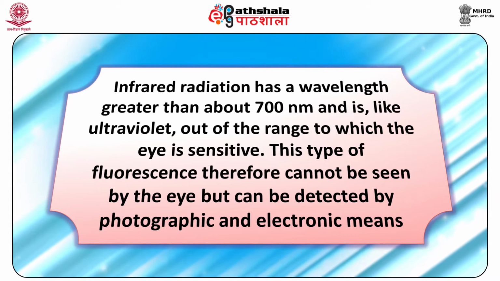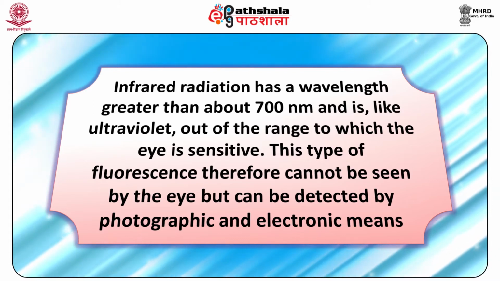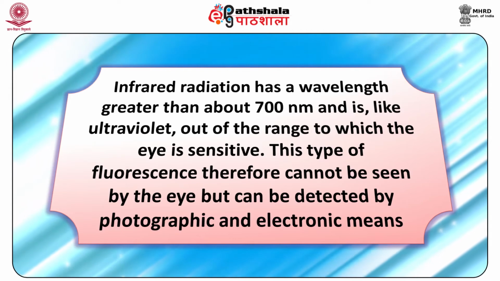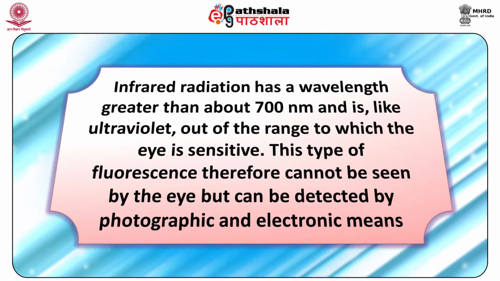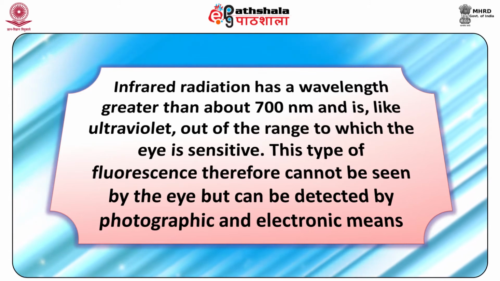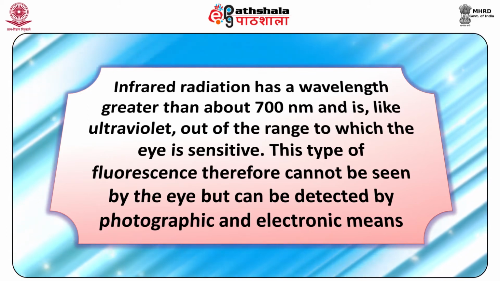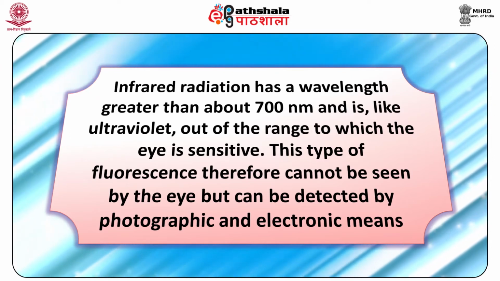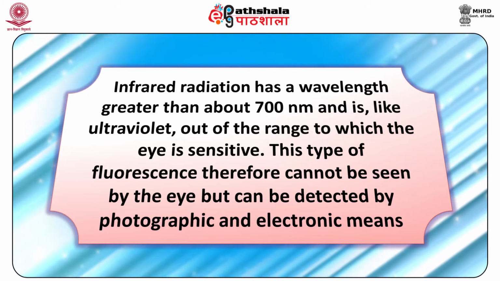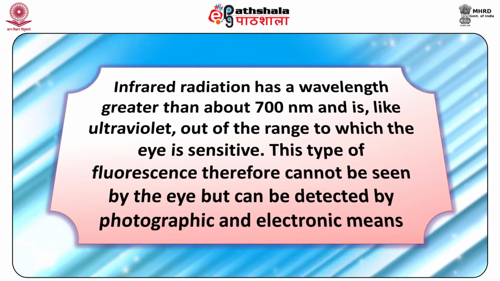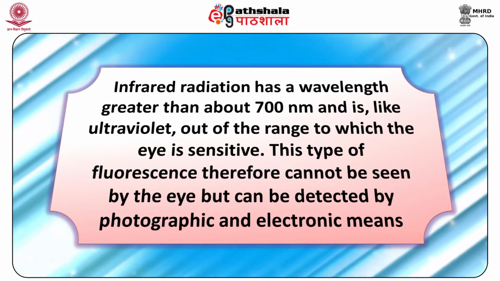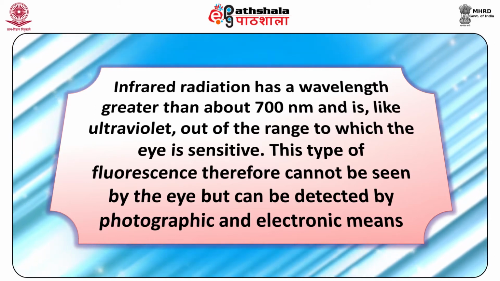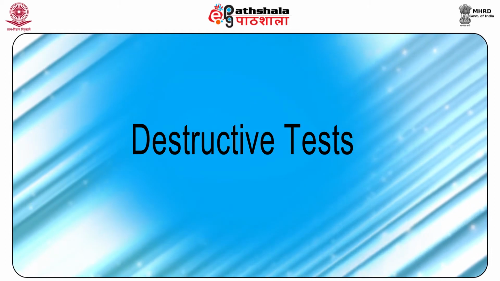Infrared radiation has a wavelength greater than about 700 nanometers and, like ultraviolet, is out of the range to which the eye is sensitive. This type of fluorescence therefore cannot be seen by the eye but can be detected by photographic and electronic means. Next is destructive tests.